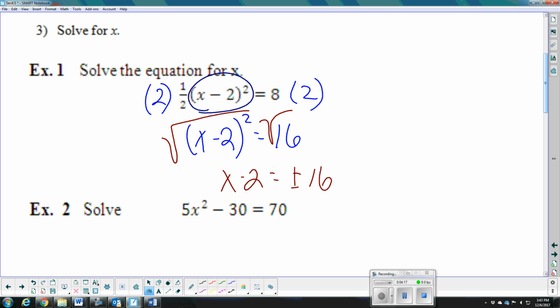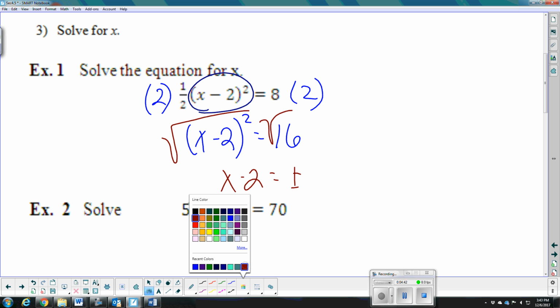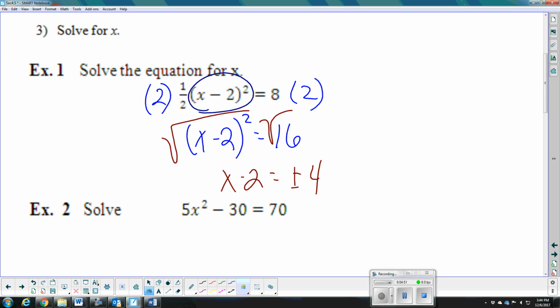If you're taking the square root of both sides, you're not going to have positive and negative on both sides, because that would lead you to 4 answers, and 2 of those answers will be exactly the same. So when you're taking the square root of both sides, you just need the plus or minus on one side of the equation. The square root of 16 is actually 4. So our answer is x minus 2 equals positive or negative 4.